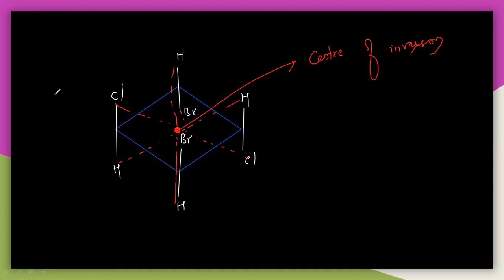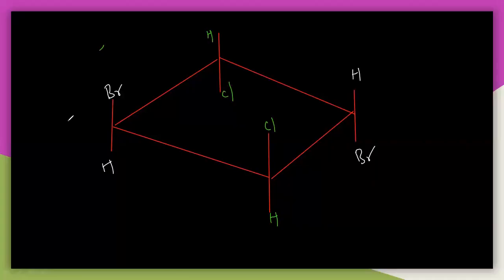Let us write another, slightly different structure like this. It is a similar structure, but you can easily understand now. First draw the similar atoms here.